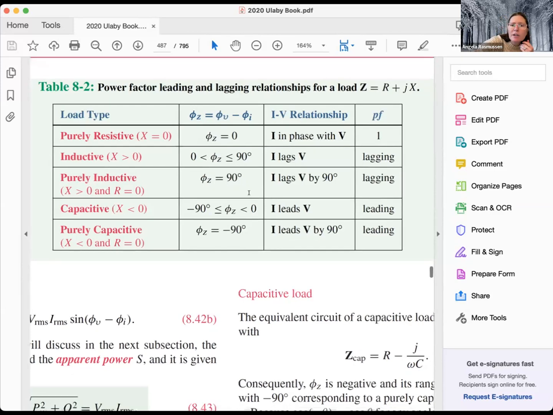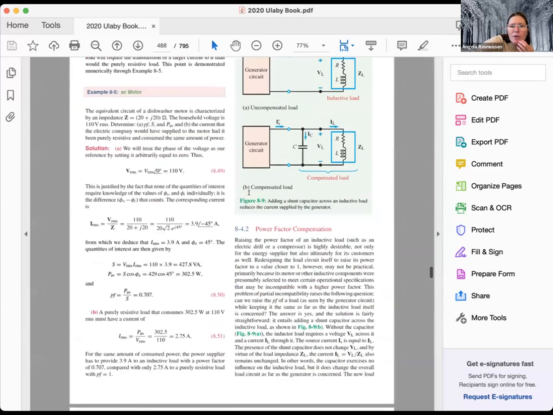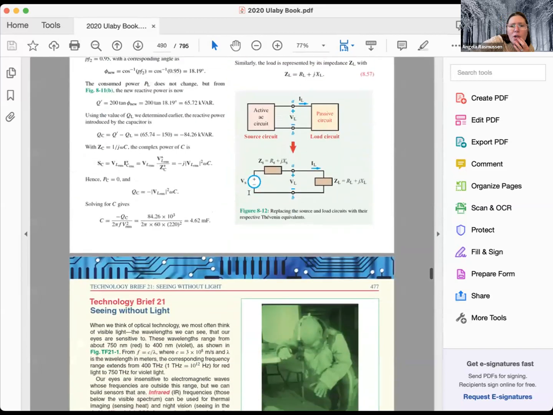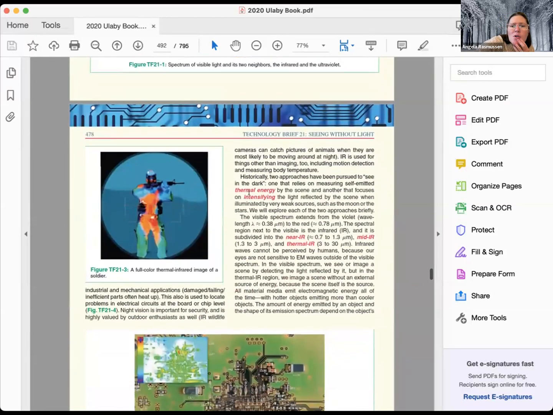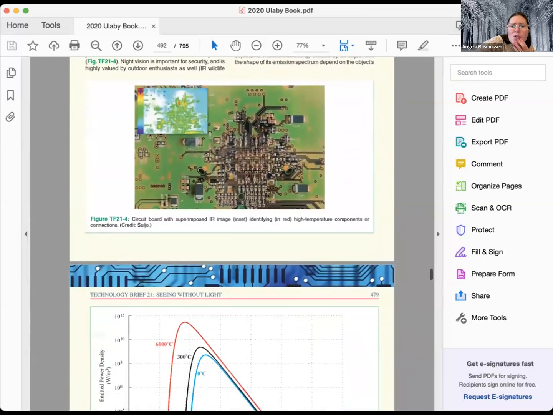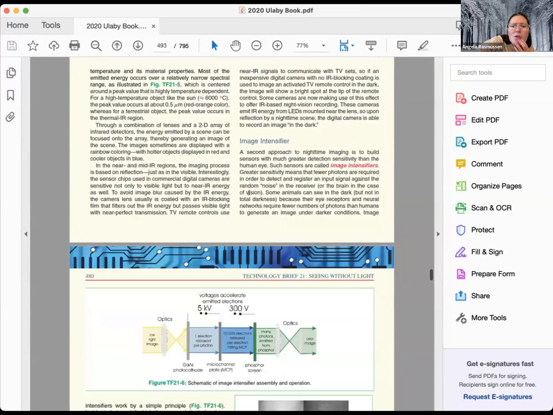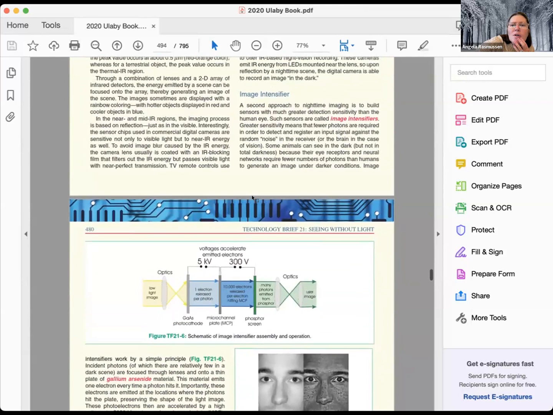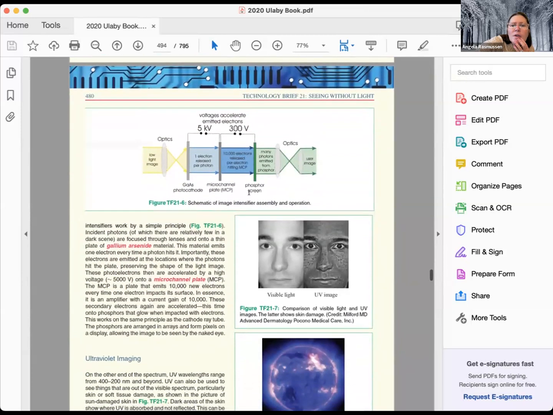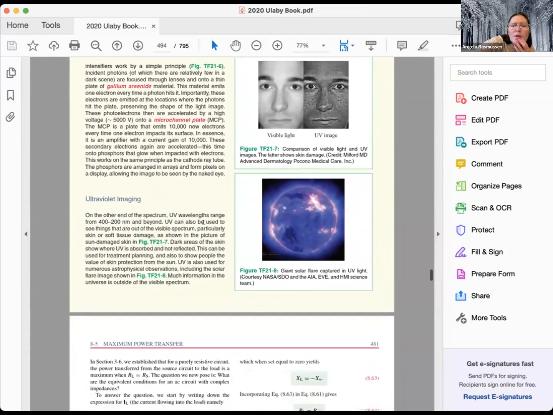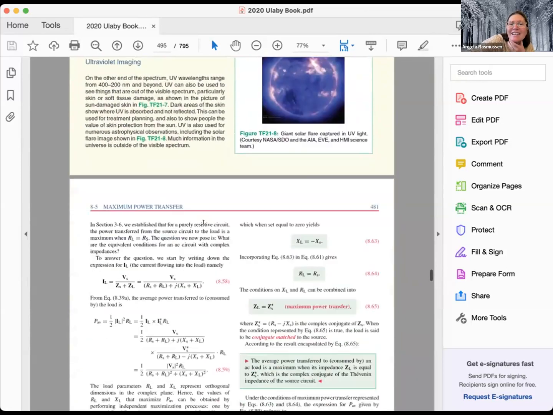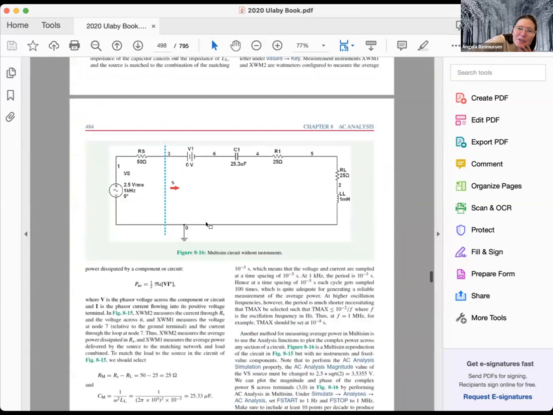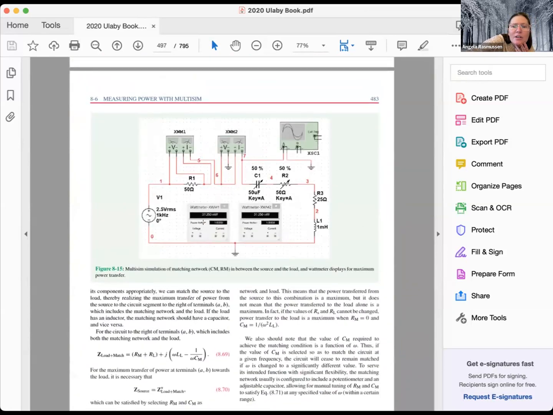Let's see what they give here for those. Okay, that one didn't really describe very well. It gives you a good example for the lagging, but not of a shifting one.